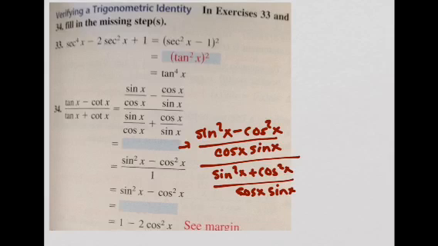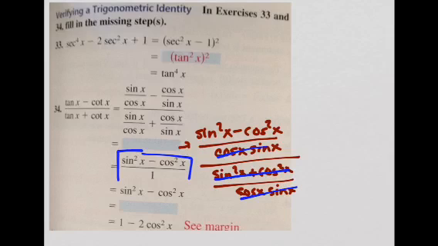So then what's going to happen is sine squared x plus cosine squared x is equal to 1. And then cosine x sine x is denominator of both, so that's also going to cancel off like that. So then that's going to lead to this step right here. Oops, let me erase this. Okay, to that step right there. Okay?